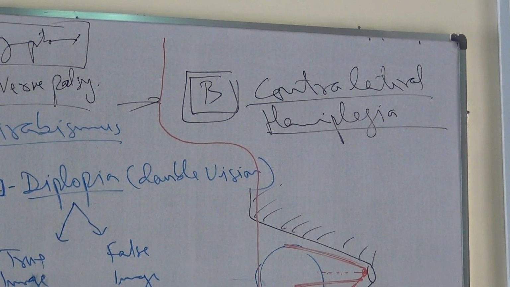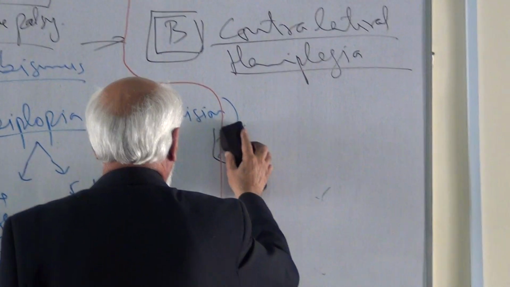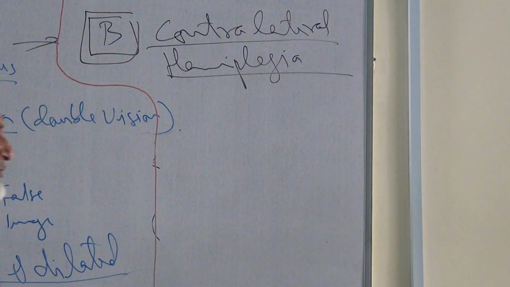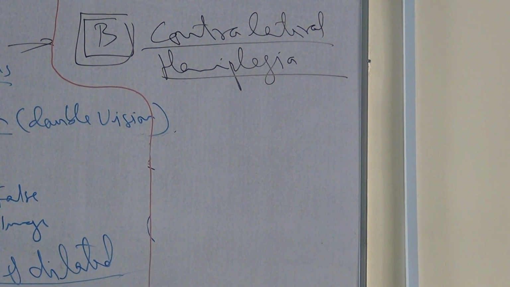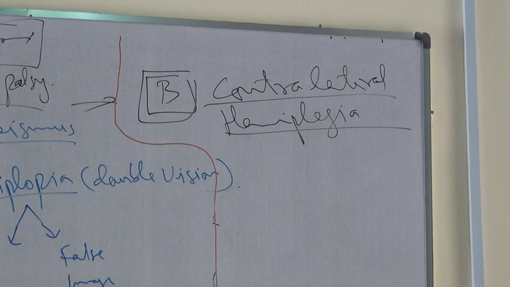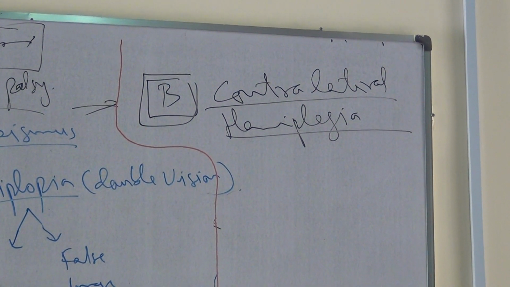Hemiplegia of the opposite side. Oculomotor nerve palsy will be ipsilateral. If the lesion is on the right side, it will affect the right oculomotor nerve fibers. But at the same time, it will cause hemiplegia of the opposite side of the body, that is contralateral hemiplegia.